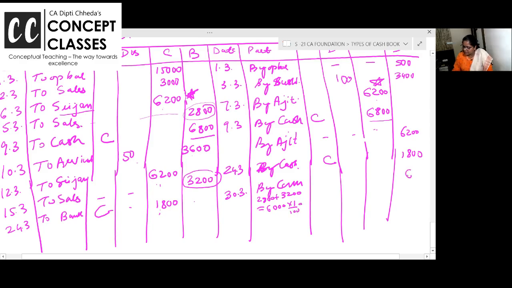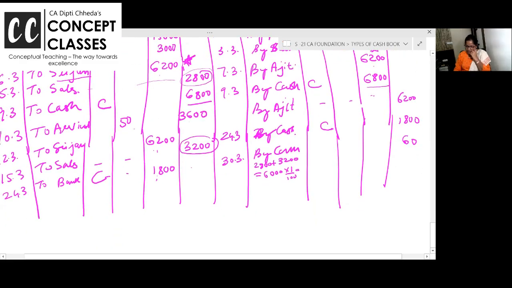That is 60. See, when I sold the goods, I wrote 2,800. But actually 1% commission करके आया है in my account. Same 3,200 I have received 1% commission. So total I have received 6,000 में 1% less. So I have to credit it here. Clear to all of you?